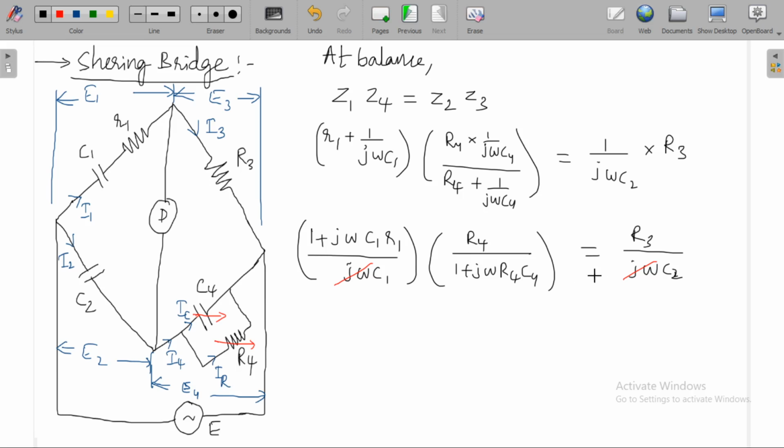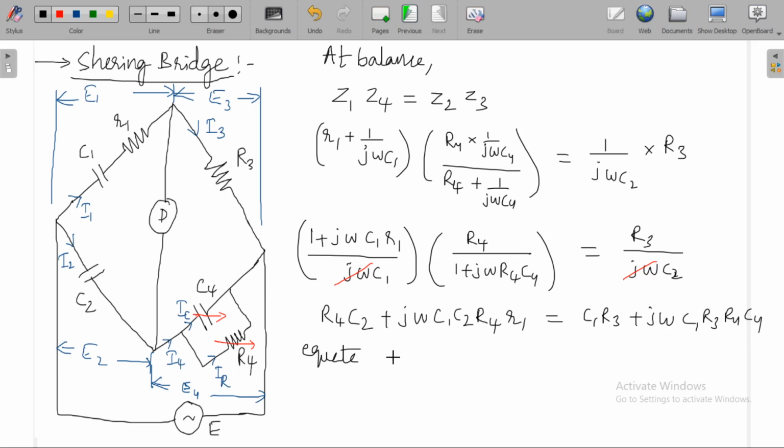Bring this term on this side, and this term on this side. Then you are going to get R4 C2 plus j omega C1 C2 R4 R1 equal to C1 R3 plus j omega C1 R3 R4 C4.